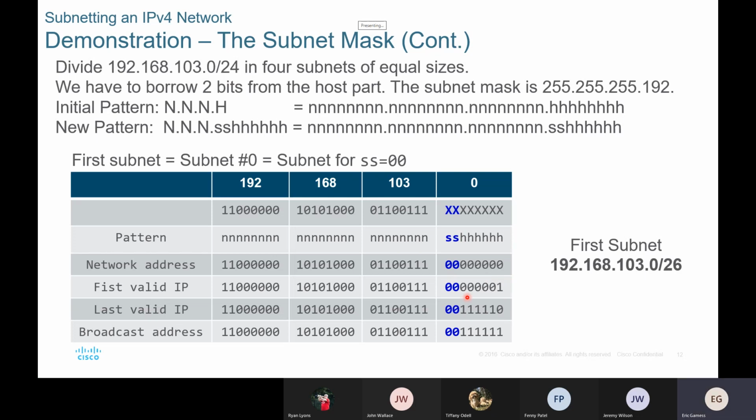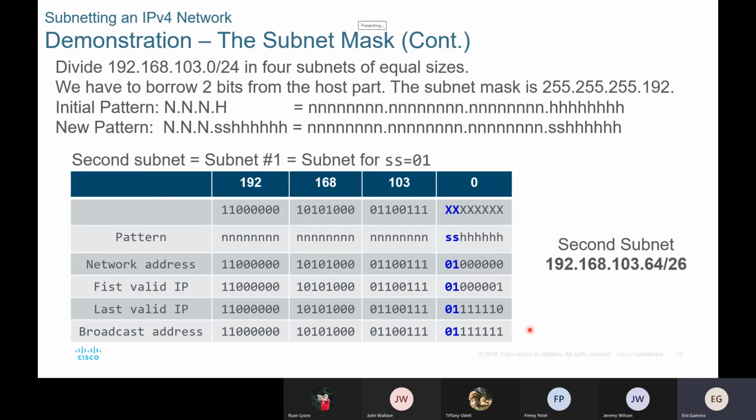And how do you get the last valid IP address? You change all the host bits into 1, except the very last one. So if I change all 6 host bits into 1, except the very last one, I will get this binary number. And this binary number is .62.